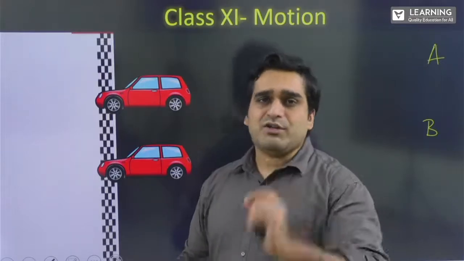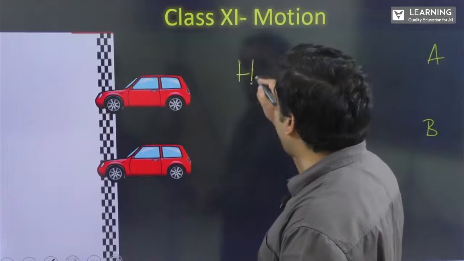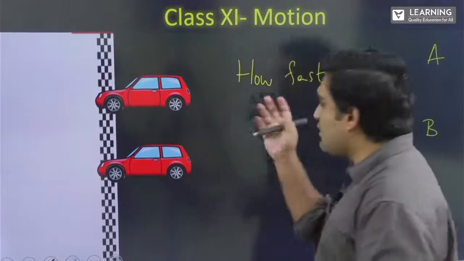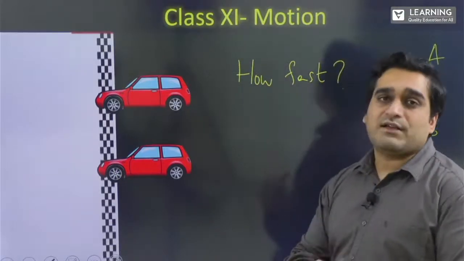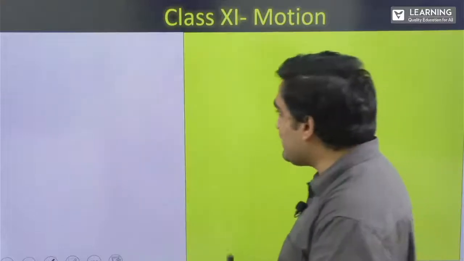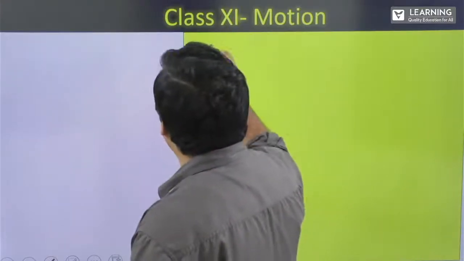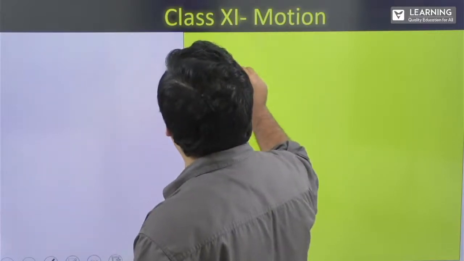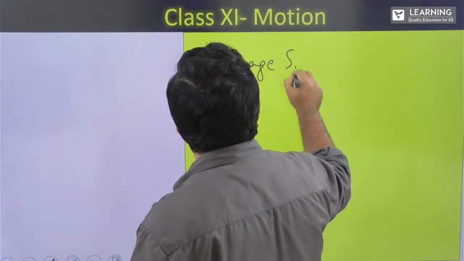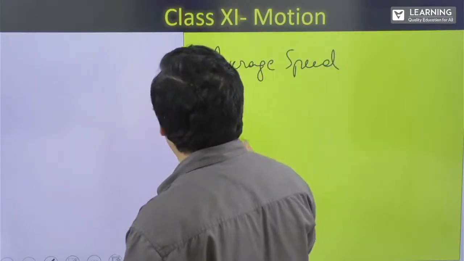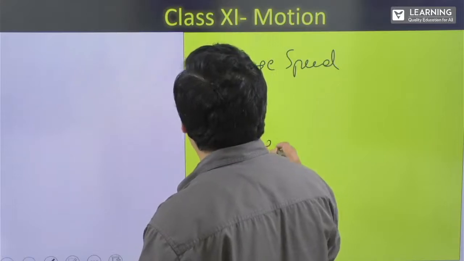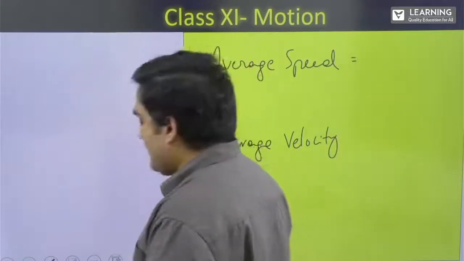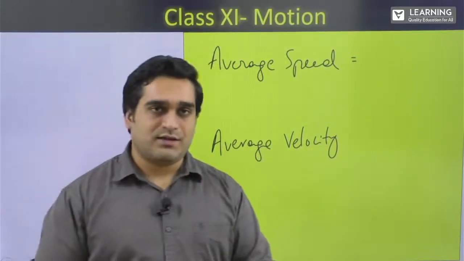So this measure of quantity of how fast an object moves can be discussed under two different categories called average speed and average velocity.